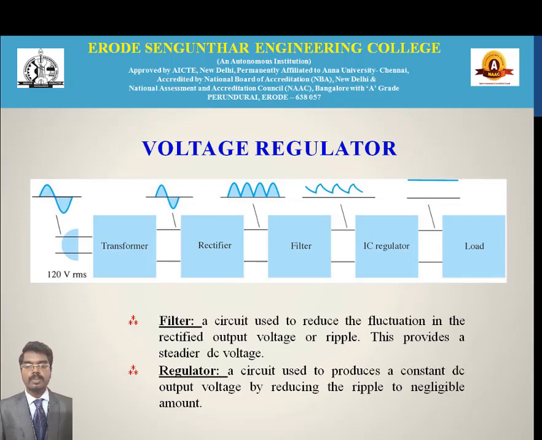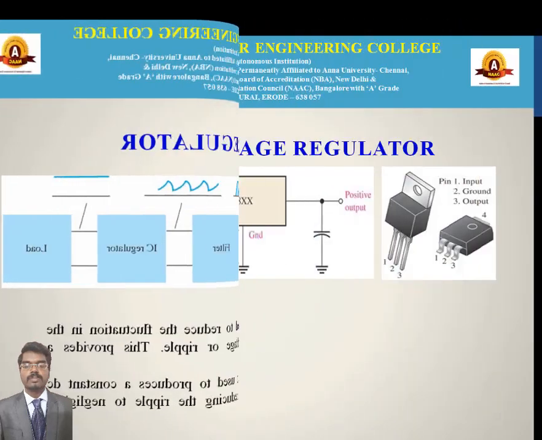So to make that voltage controlled, that is constant, you will be going for regulators. A regulator is nothing but a circuit used to produce a constant DC output voltage by reducing the ripples to a negligible amount. The output of the regulator is given to the load.